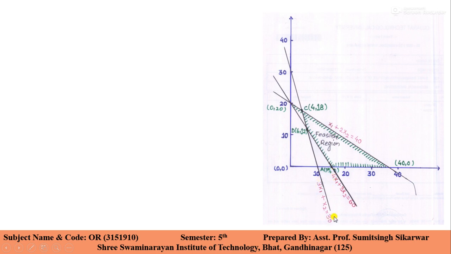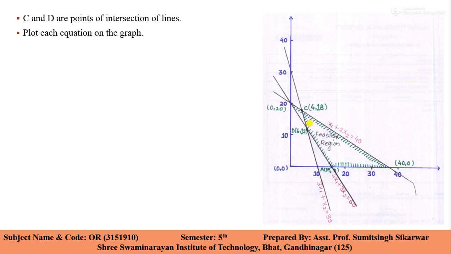And this line represents 3x1 plus x2 is equal to 30. Now the feasible C and D points, these 2 points are intersections of the lines. The feasible region is ABCD.